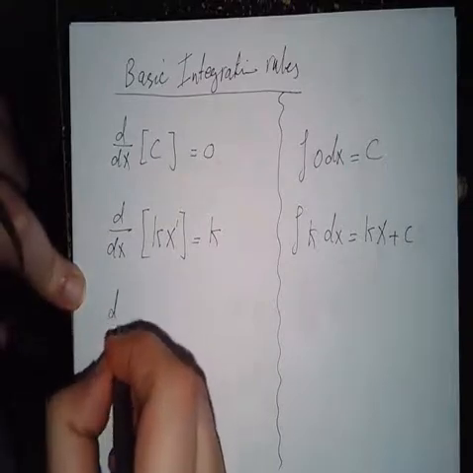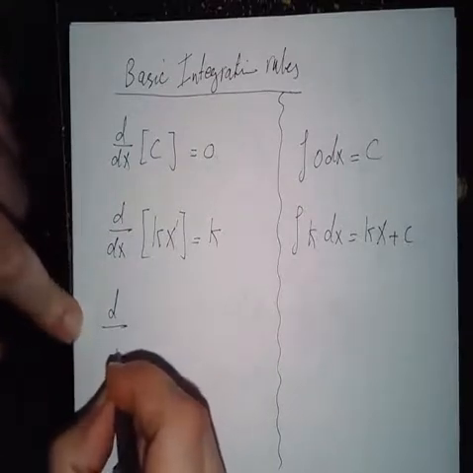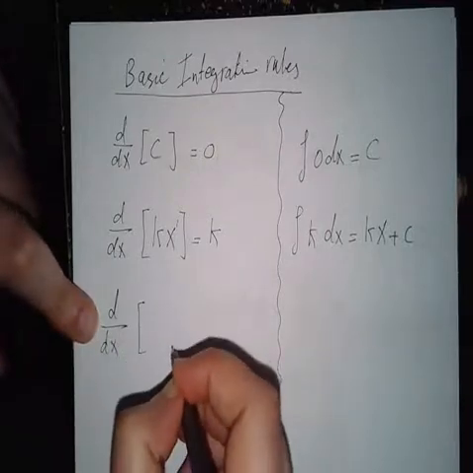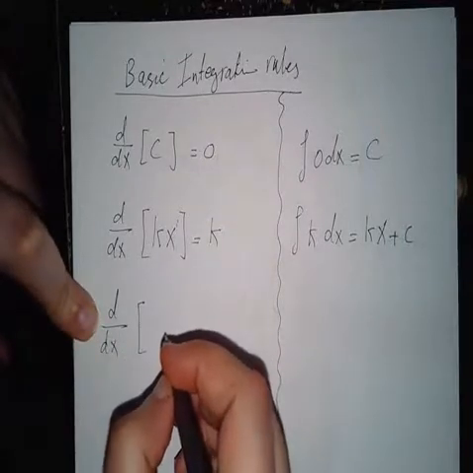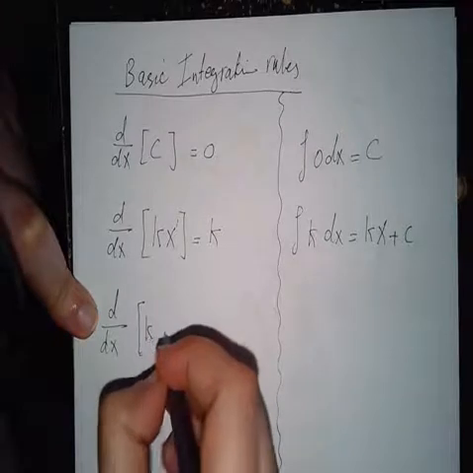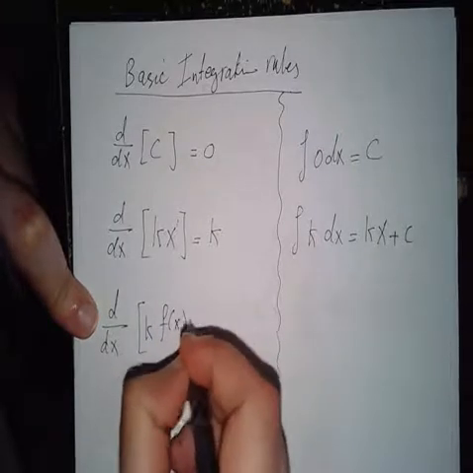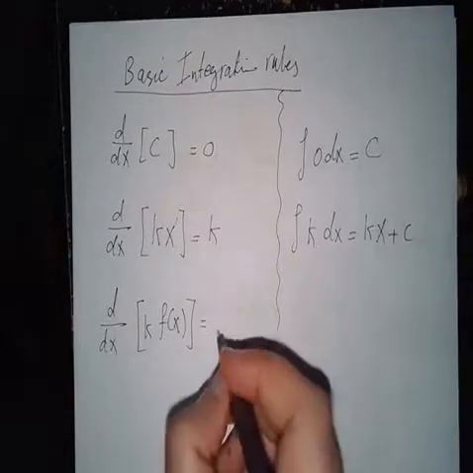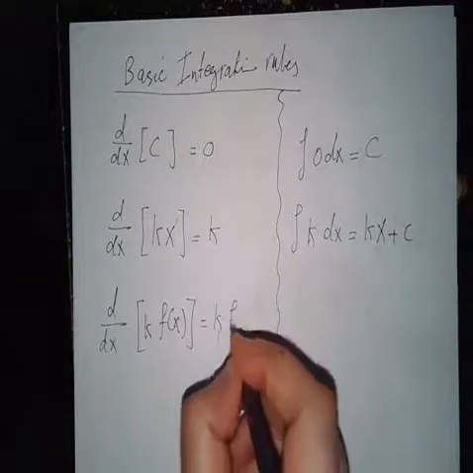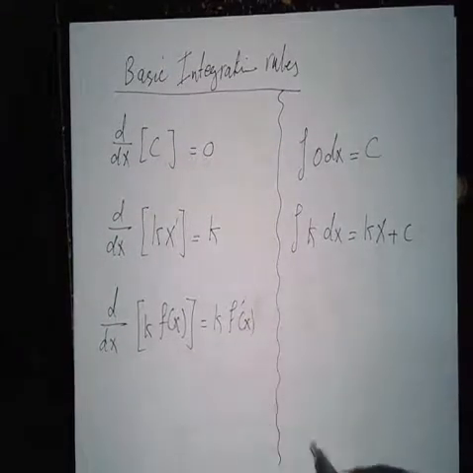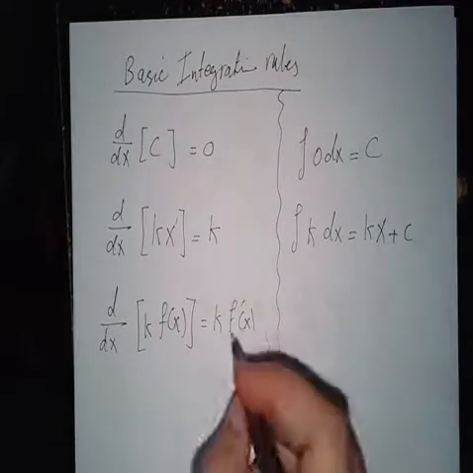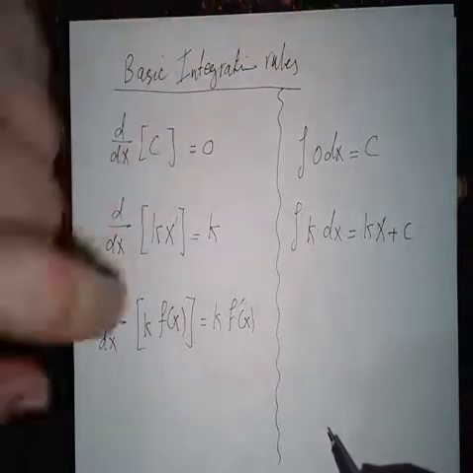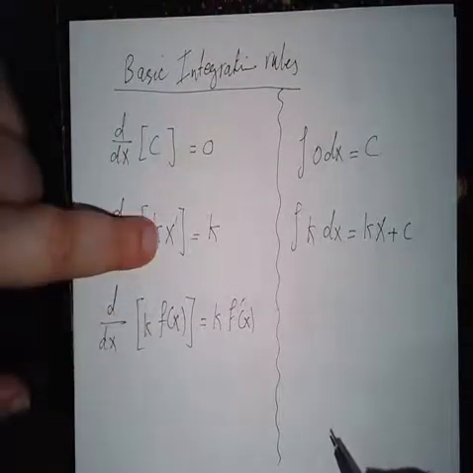Okay, so let's do one more. How about d dx of, now what are we finding the derivative of? Okay, how about k times f of x, to keep it more abstract, right? So any function of x, it's going to be just the number times the derivative of that function. That function derived and the number remains. Okay, now why is this helping me? I mean, it's technically kind of like this one.